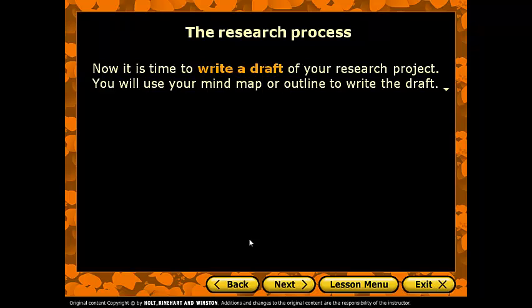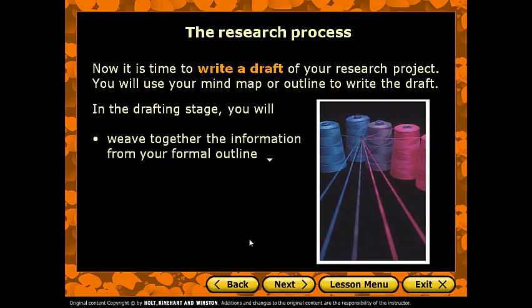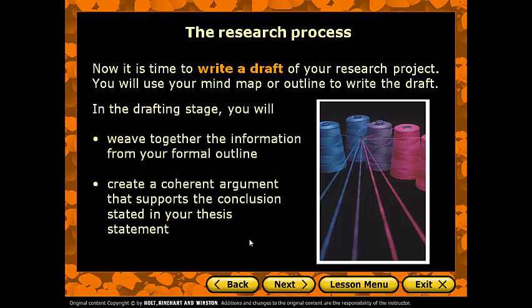From the formal outline, then you begin to write your draft. So you will use your mind map and outline, because we're going to do both in class, to write the draft. In the drafting stage, you will weave together the information from your formal outline, and you will create a coherent argument that supports the conclusion stated in your thesis statement.